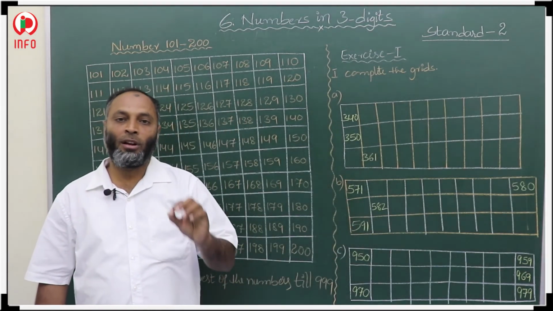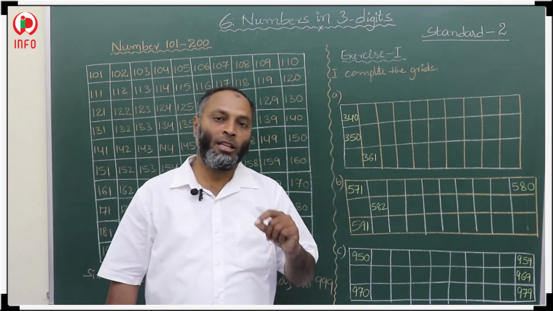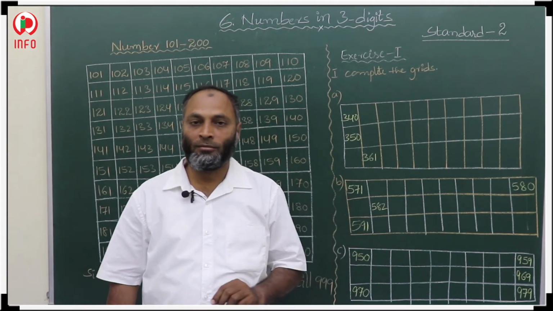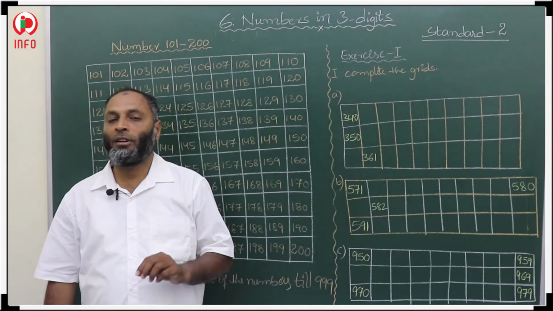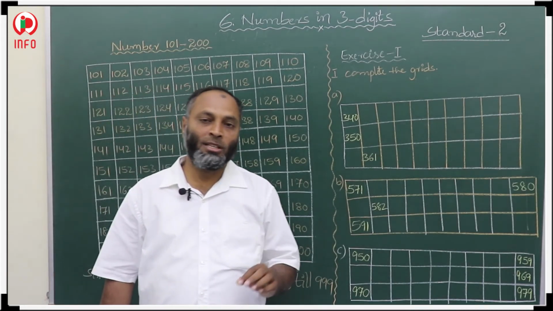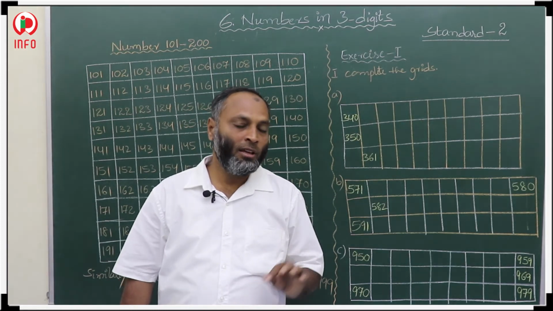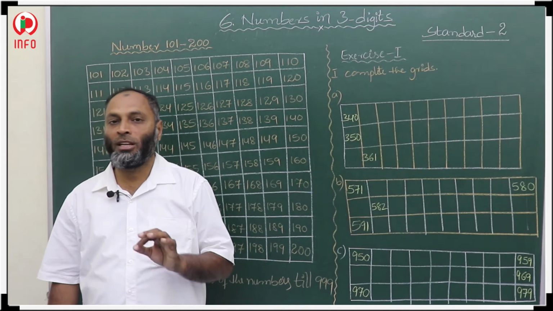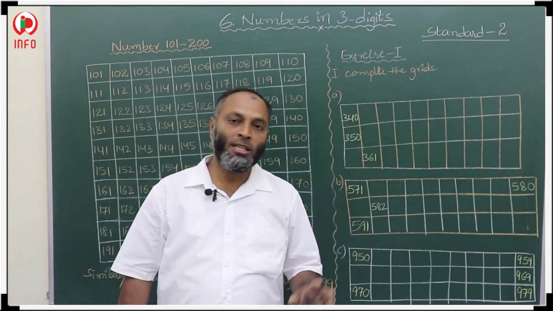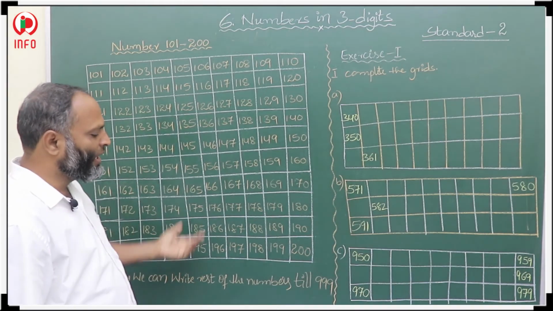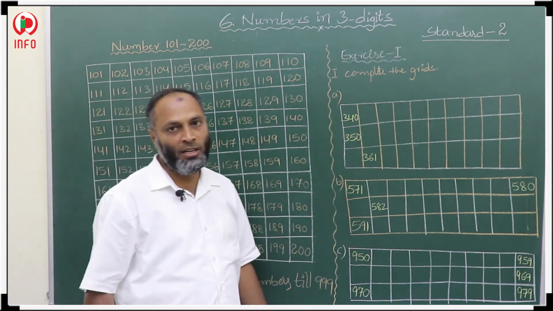For 401 to 500, again the method is the same, but in hundreds place 4 will come. From 501 to 599, the numbers are the same, but in hundreds place we get 5. In 601 to 700, in hundreds place 6 will come, the rest all the same. In this way you have to complete; similarly we can write the rest of the numbers till 999.